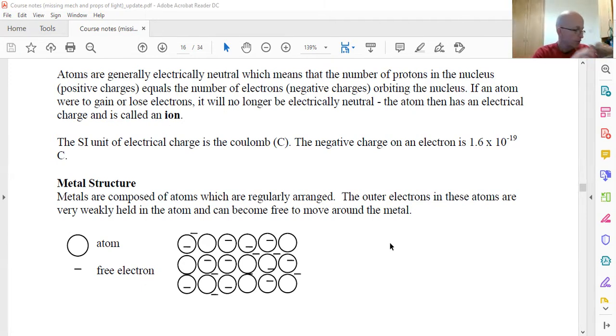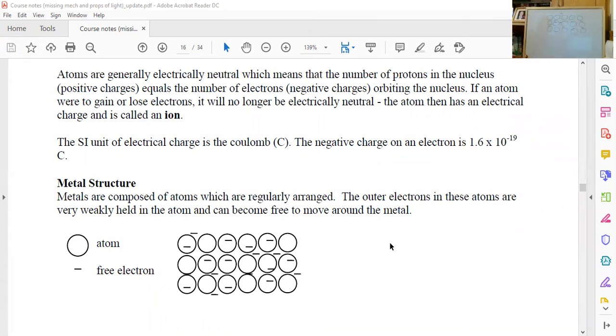If I draw this on the board beside me, we can represent the metal as regular arrangements of atoms, as you've seen in the booklet, with the individual electrons marked in as minuses, just randomly throughout this. They're not particularly attached to any atom, and they're moving randomly around the place. So nothing much is happening in this charger cable at the minute.